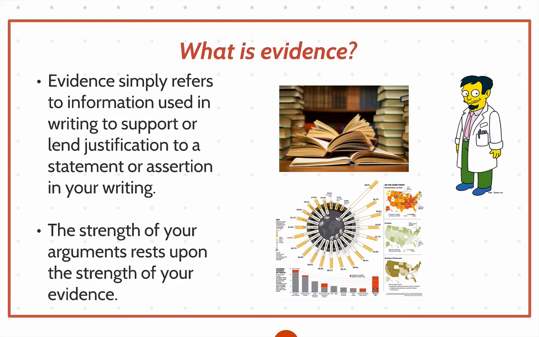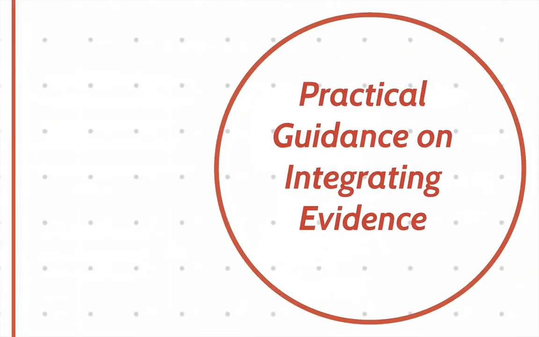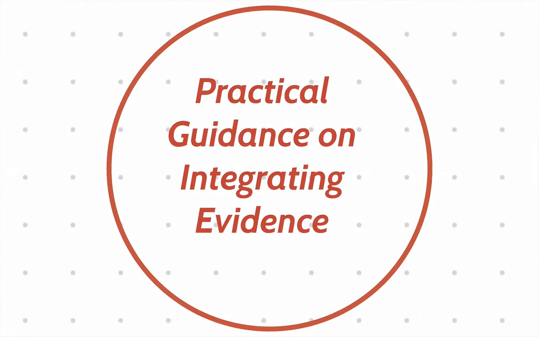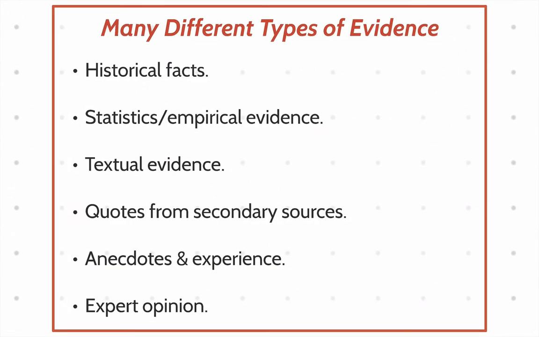So it's important to be mindful of thinking intentionally about backing up the statements that you're making, and about what the appropriate evidence is for the context in which you're writing. So, some practical guidance on integrating evidence into your writing. At the starting point, as I said, there are many different types of evidence. Evidence could be historical facts.